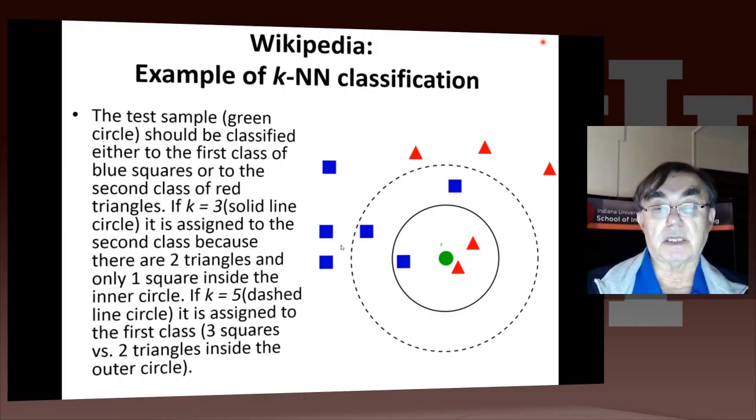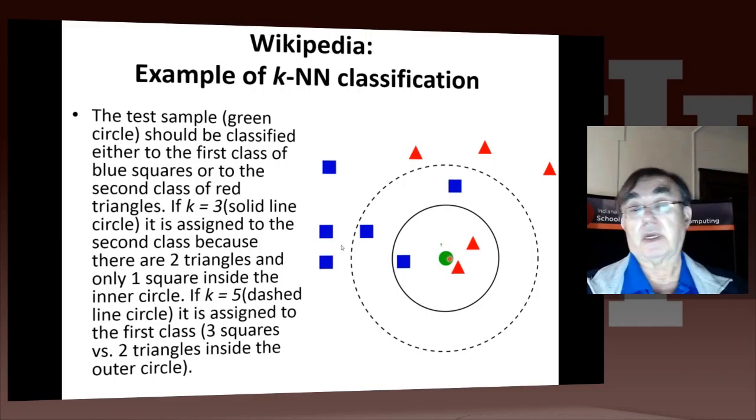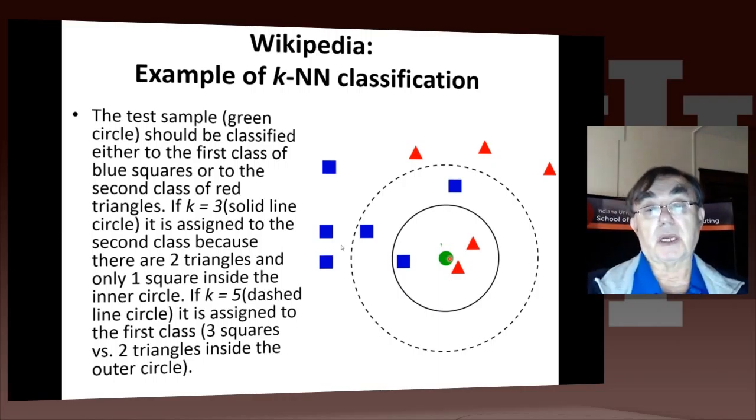If I take K of 3, which is the points in the solid circle here, that's 3 points, and then we might just do a voting algorithm, and notice of those 3 points, 2 of them are red and 1 is blue, so we will classify the green point as red, which is probably by eye the best classification.